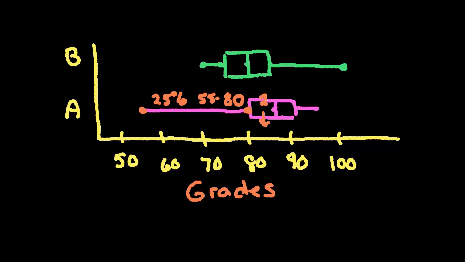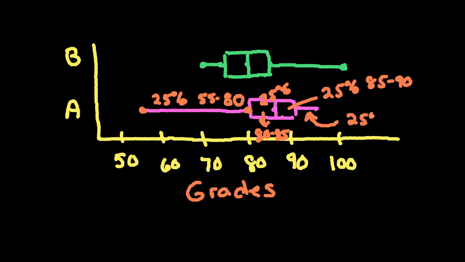This box is another 25%, and that 25% scored between an 80 and an 85. And then this 25% scored between an 85 and a 90. And then the last 25% scored between a 90 and a 95.